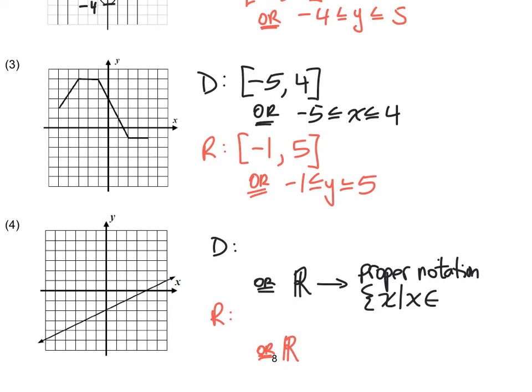So that funky E means belongs to the set of all real numbers. I mean, it's a little overkill, all right? I'm just thinking in terms of the regions.